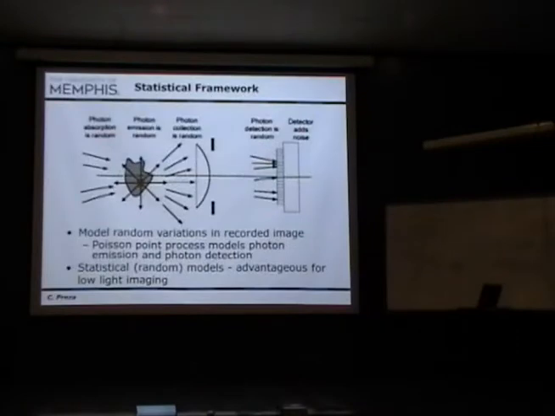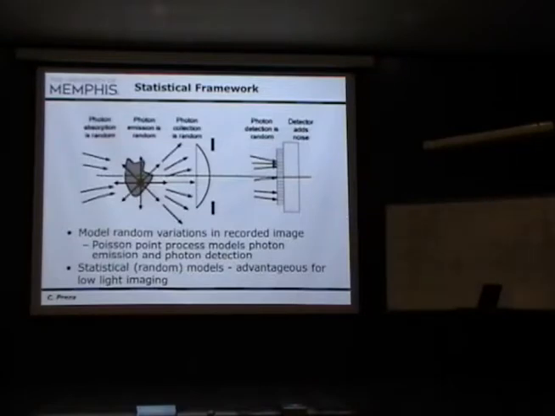All right? So just to relate it back to physical phenomena again, if you think about photons propagating and interacting with the scene or the object, we have photon absorption, which is a random phenomenon, and photon emission. In terms of fluorescence, perhaps, we have emitted light from the fluorophores. We have photon collection by the optics, photon detection by the camera, right? And all these processes are random.